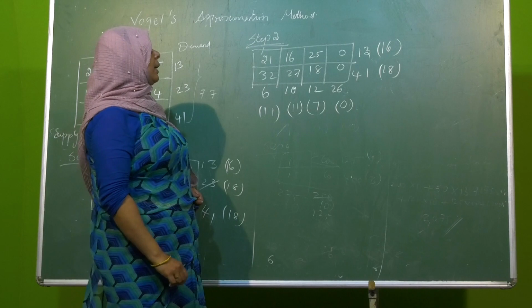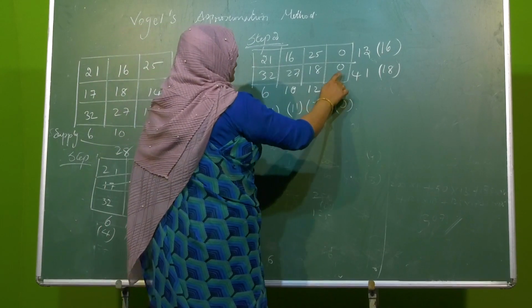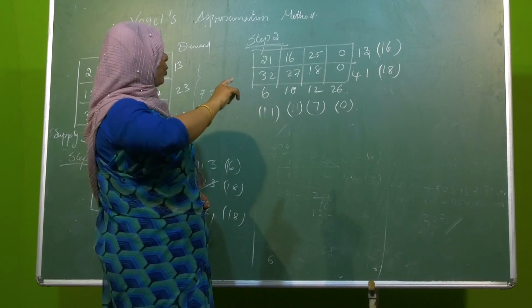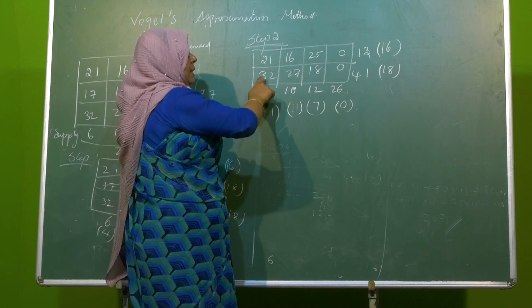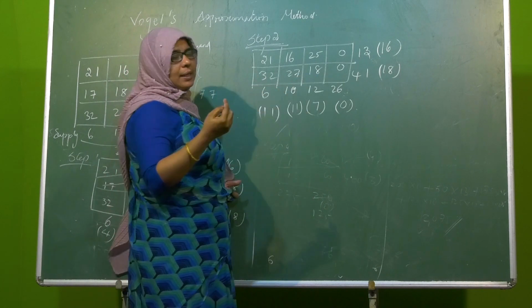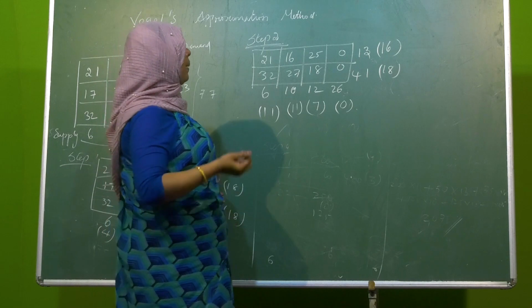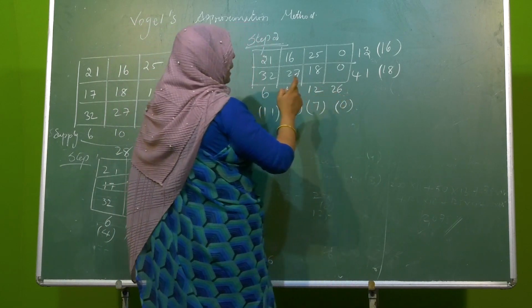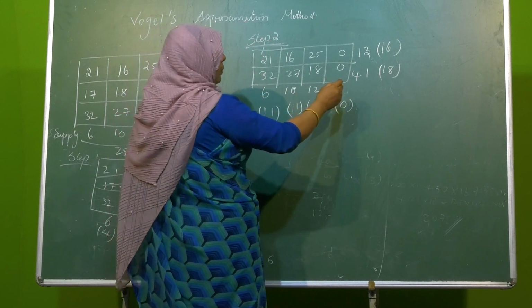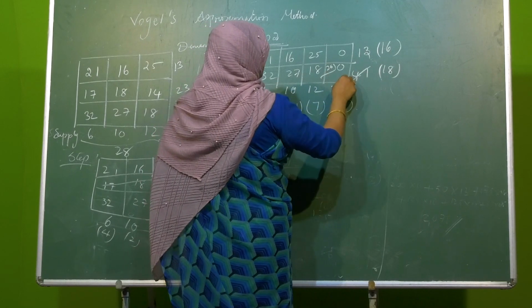So we have to choose that second row. Among these elements 32, 27, 18, 0, which is the minimum element? 0 is the minimum element. So we have to allocate 26.